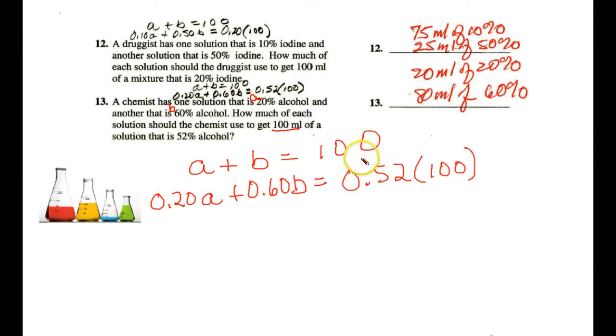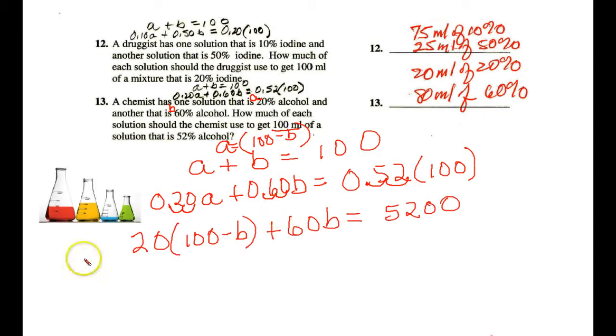There's our two equations. Now we want to get rid of our decimals to make it a little easier for us. And we're going to solve for A, this one. A equals 100 minus B. So let's set that up.